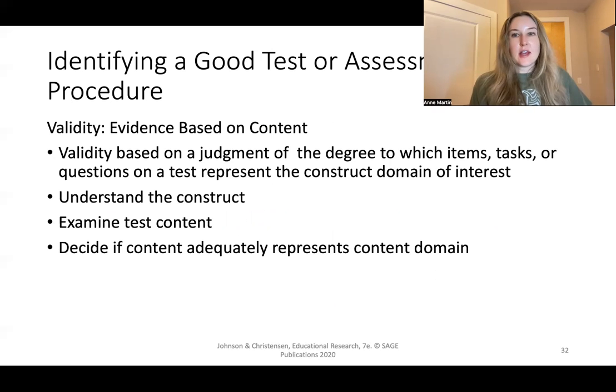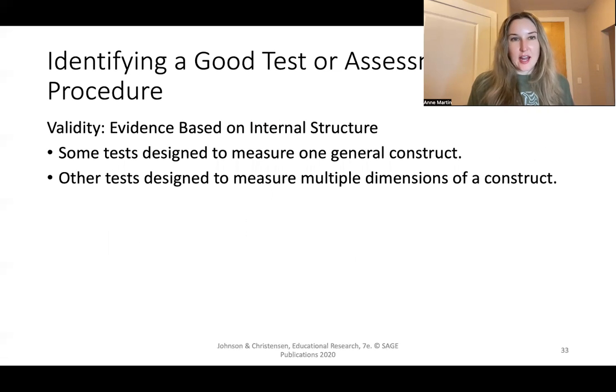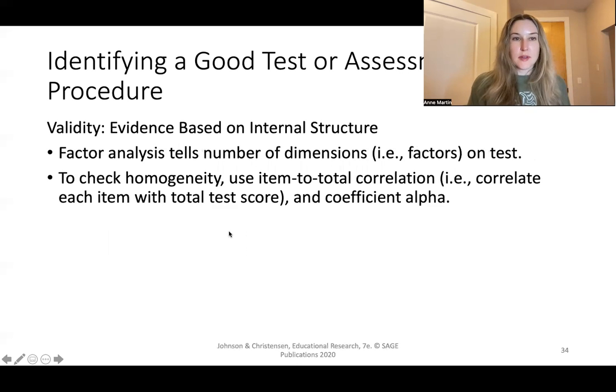Now, validity. So several of those is to understand the construct, and making sure that it accurately reflects that construct. So you can be looking at the internal structure. Is it measuring more than one or just one or multiple dimensions?